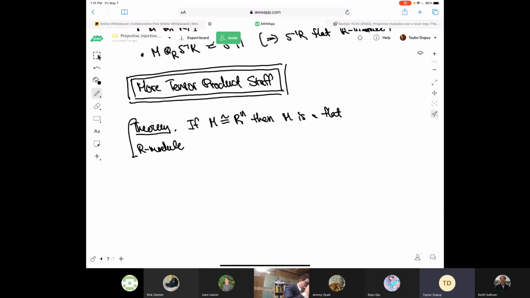Okay, so proof. Suppose V prime to V is an injection of R modules.